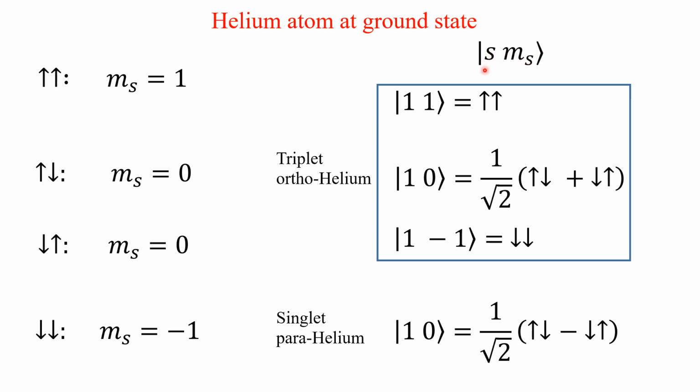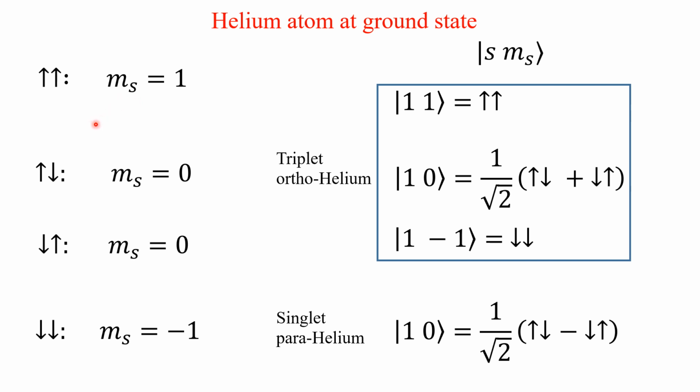If S is 1, then you know very well that the spin quantum number varies from -1 to +1 in steps of 1. So there are four possibilities. First, both electrons are in the spin up state.